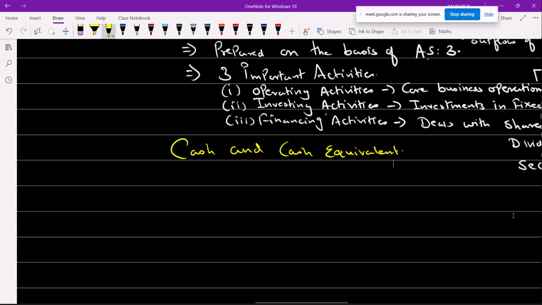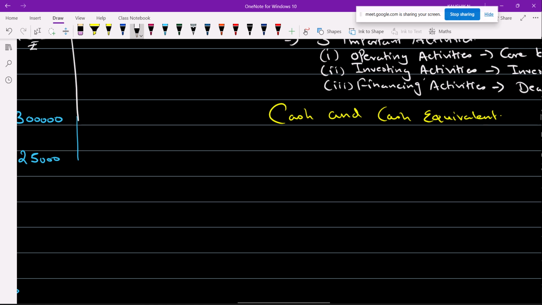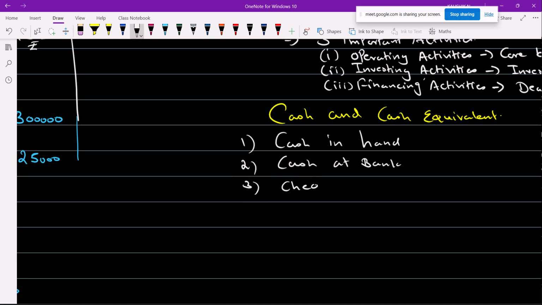This cash and cash equivalent basically consists of the following: cash in hand, cash at bank, cheques in hand, bank draft or demand draft, and then any commercial papers and marketable securities.